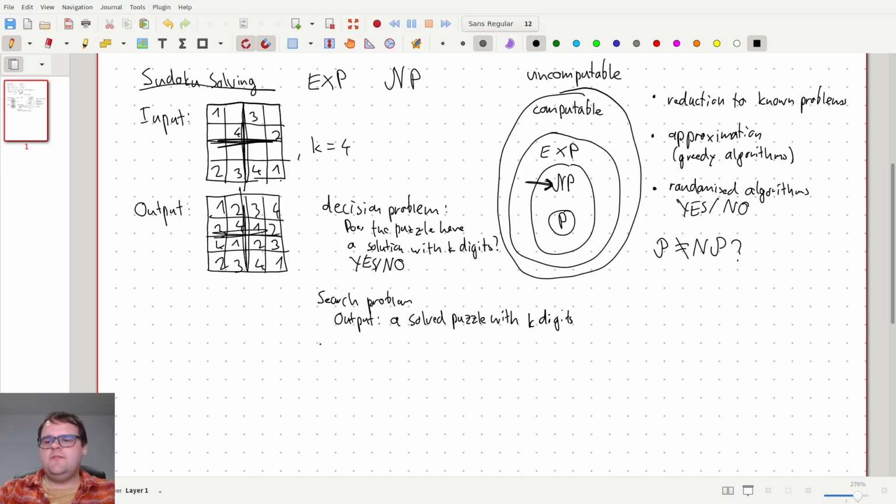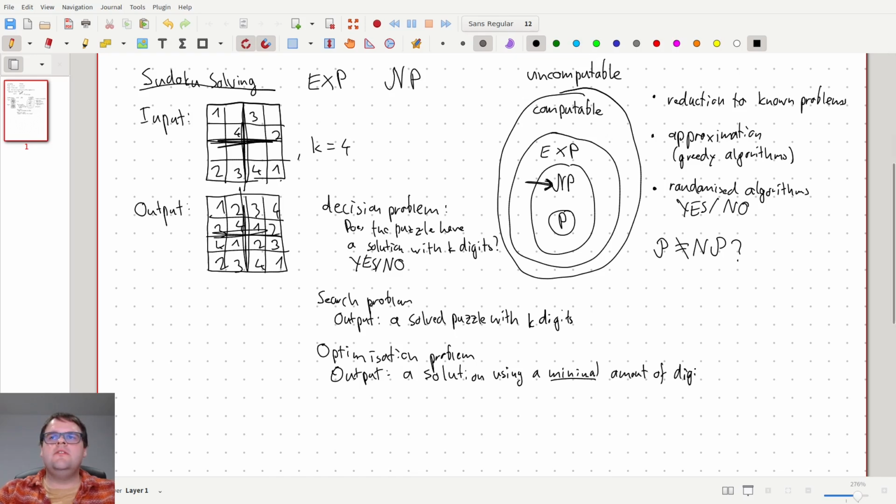And then you also have an optimization problem. So what would the optimization variant of this look like? Well, the output would be a solution using a minimal amount of digits k.